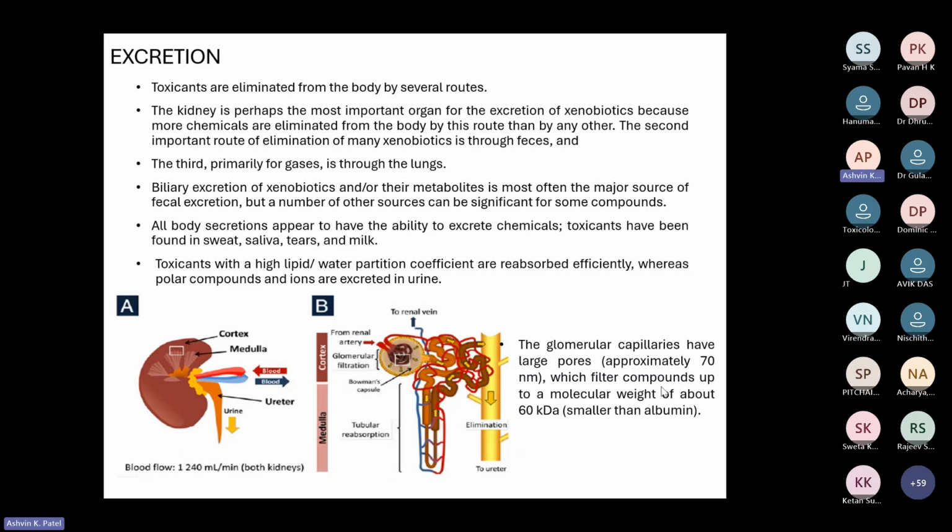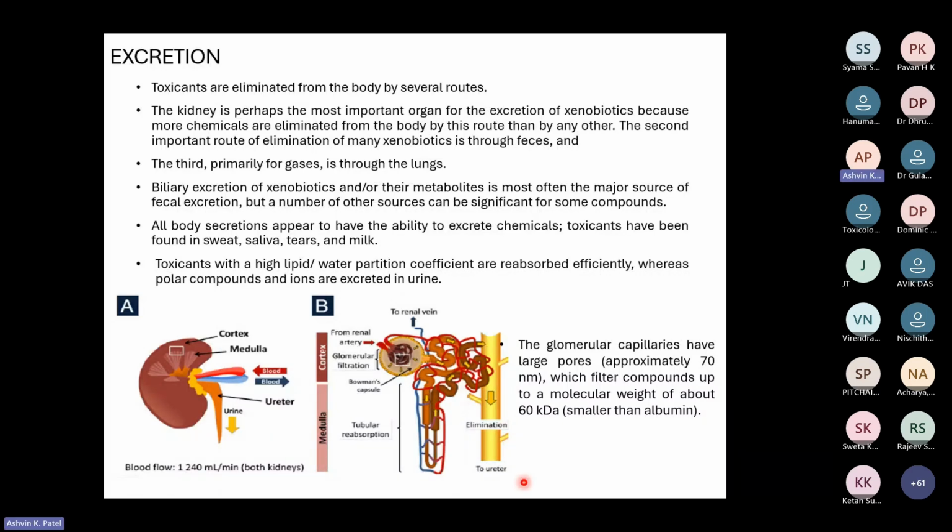The glomerular filtration rate varies considerably from one species to another, ranging from approximately 10 ml per minute per kg in mice to about 1.8 ml per minute per kg in humans. This appears to be determined by the relative number of nephrons per kilogram of body weight.